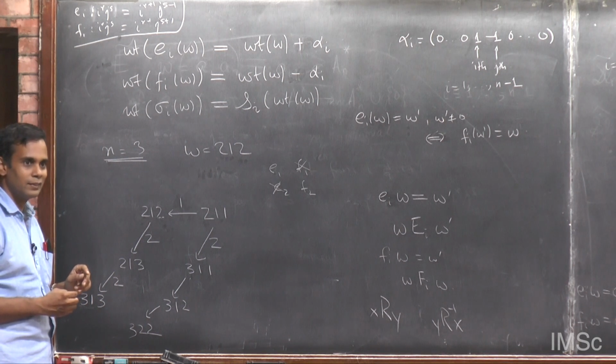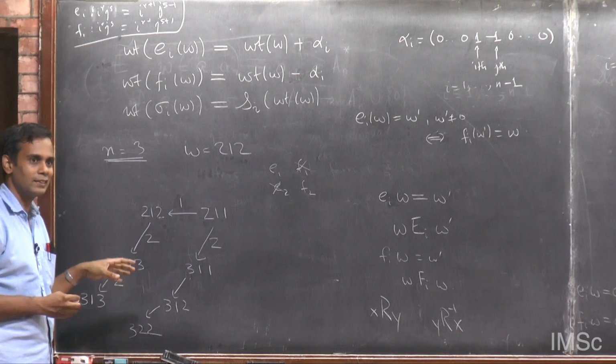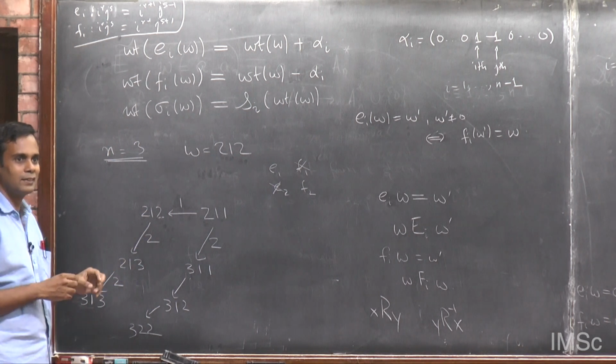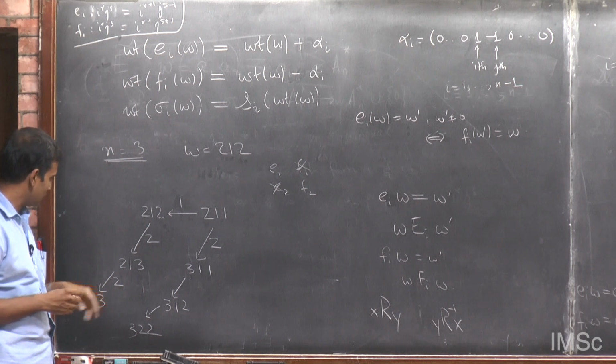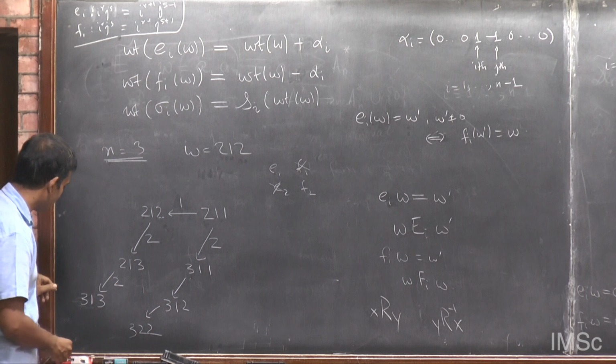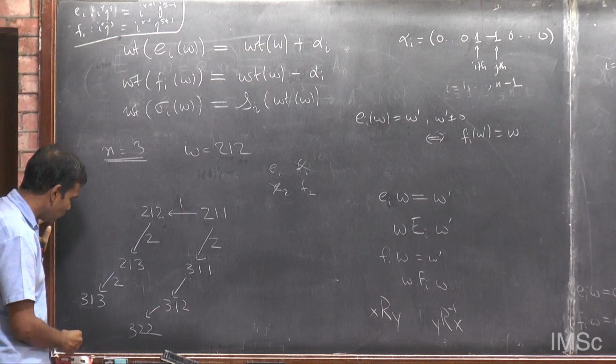Okay, so with these 3 letters, there is an interesting square in here, right? 2, 3, 4, 5, 6, 7. No, I am missing just one more. What is that? 3 2 3 probably.